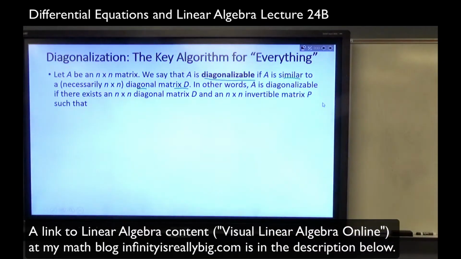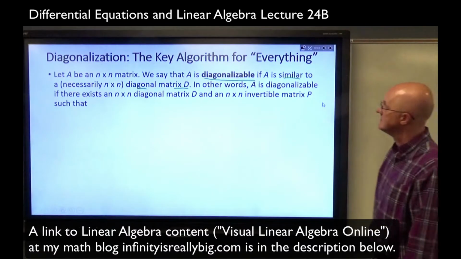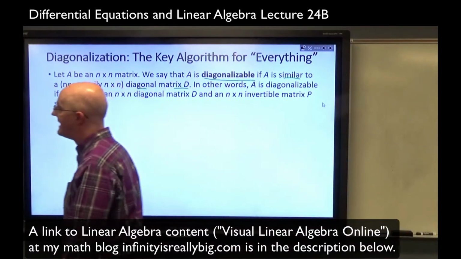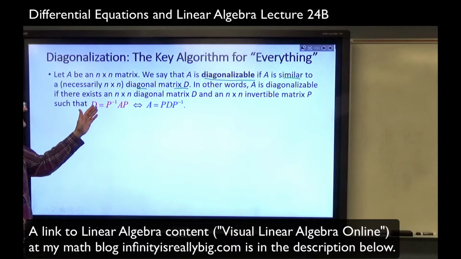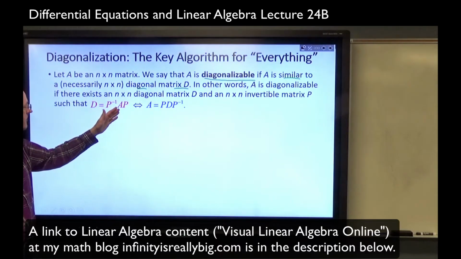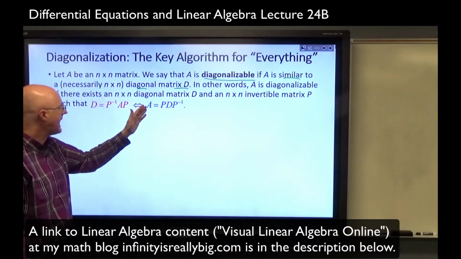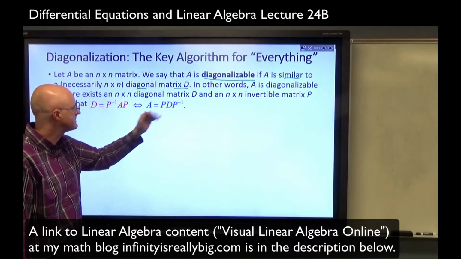In other words, A is diagonalizable if there exists a diagonal matrix D and an invertible matrix P. This is the definition of similar, so that these two equations are true. The diagonal matrix is P inverse times A times P, which is equivalent to A equals P times D times P inverse.